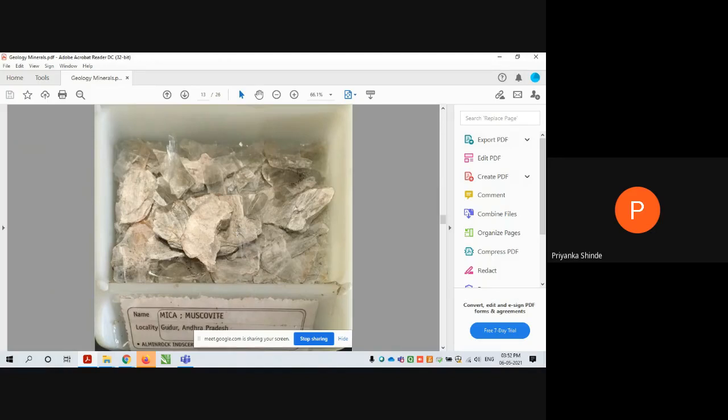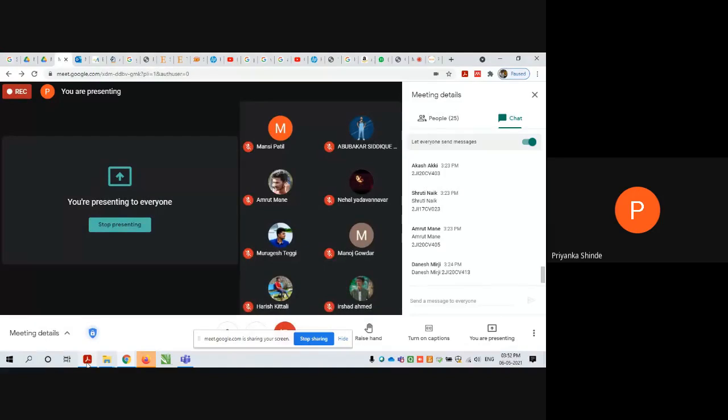Then tenacity: if you see it, it is very soft. When you apply pressure it will bend, and if you release the pressure it will come back to its original state. So that is called what? Any idea? It is like a rubber. When you apply pressure it bends.